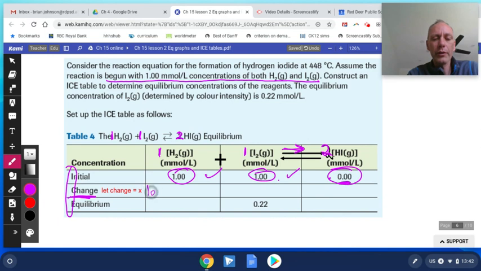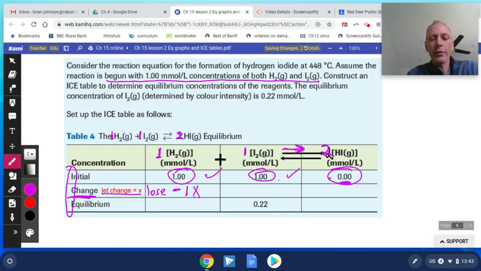So we are going to lose some of this. How much? We go by the coefficients in front. We are going to lose one amount, or 1x. This is like algebra. Let change equal x. And because it's a loss, I'm going to put a negative sign. Lose 1x.